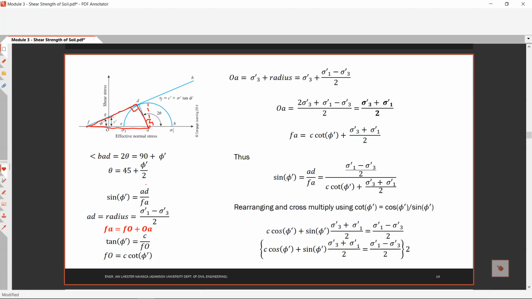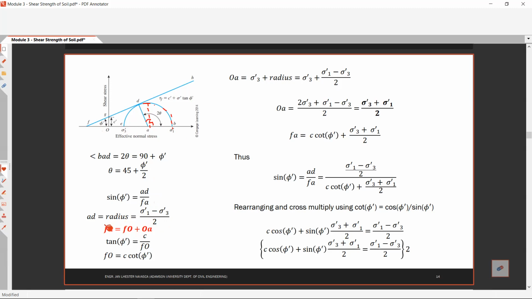That is why we have line AD over hypotenuse FA. So that is your sine phi prime. And AD is the radius of your Mohr circle, of this semicircle, right? That is your radius. So finding the radius, that is equal to sigma1 prime minus sigma3 prime over 2. So get the diameter divided by 2. That is your radius.